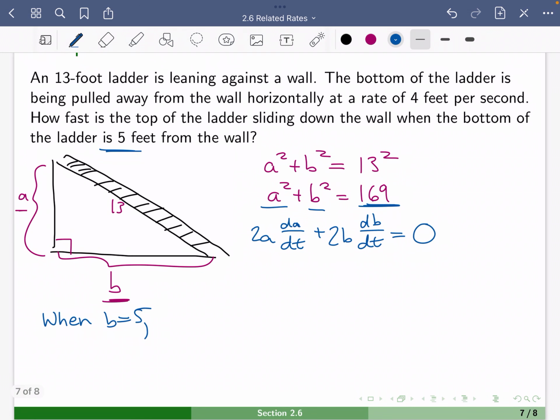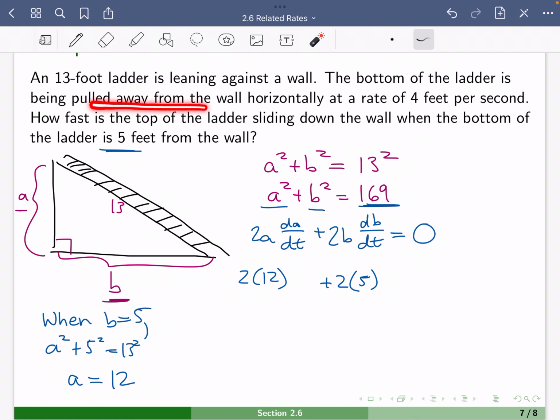Well, it's still part of this right triangle, so our Pythagorean theorem should hold. And so when B is equal to 5, A squared plus 5 squared is 13 squared, and so A is equal to 12. So we can plug in a value of 12 for A. We're going to plug in a value of 5 for B.